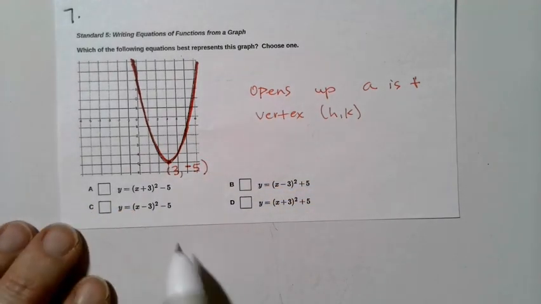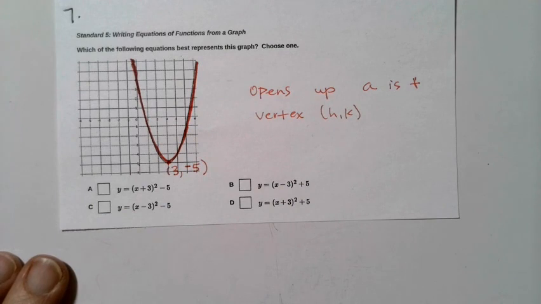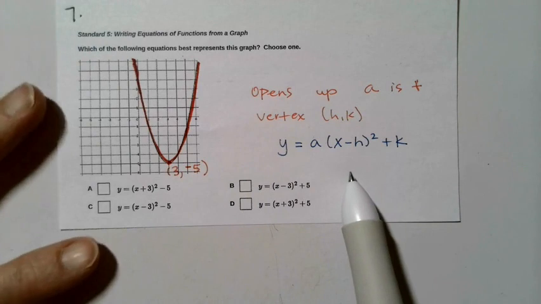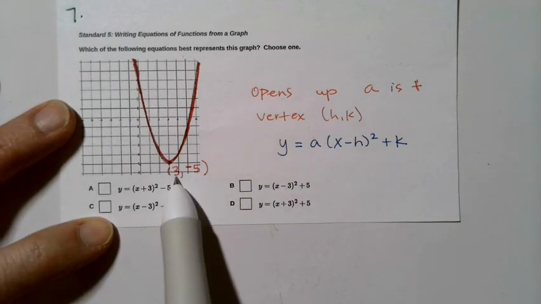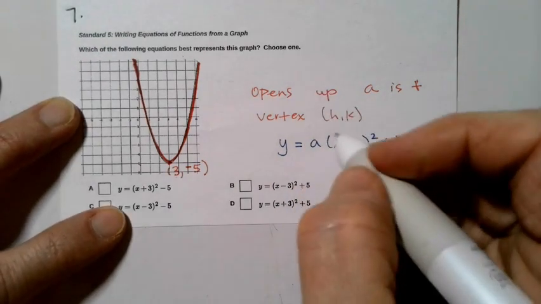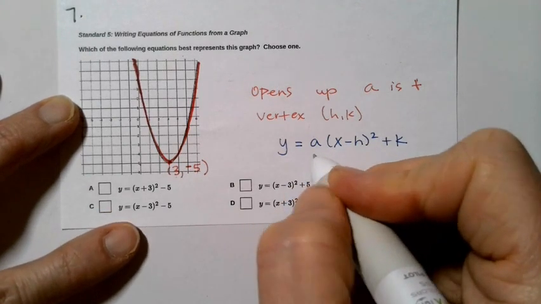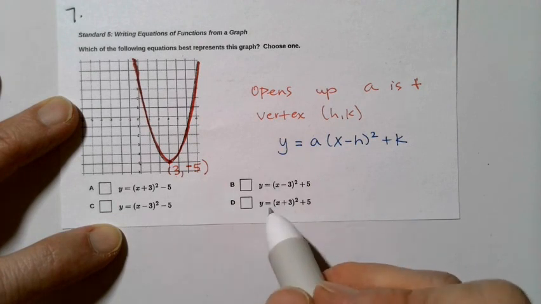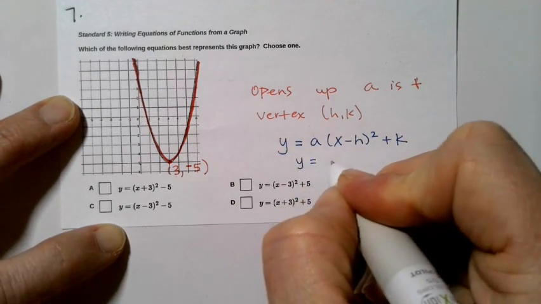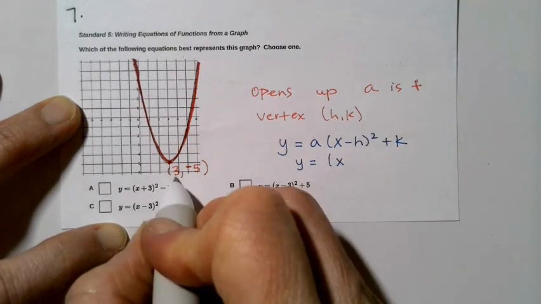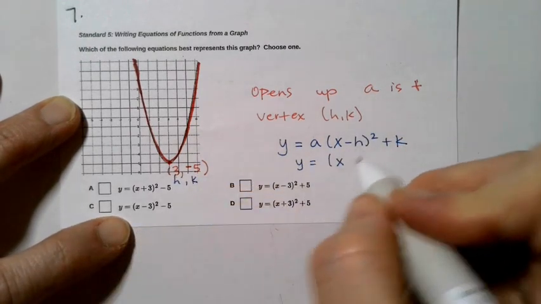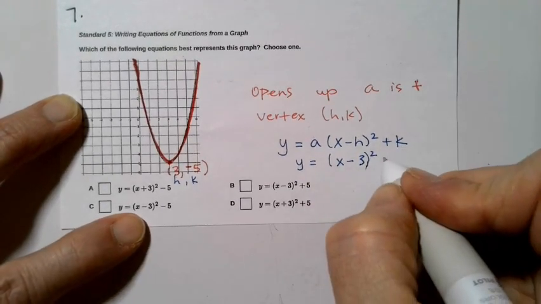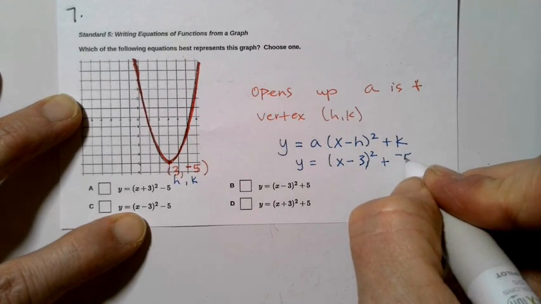Now I can look at which of these equations is going to match up. Remember, this is the general form here, and we know our h is 3 and our k is −5, and we know that our a value is positive. All of our a values here are positive, so that doesn't rule out any of our choices. So we're looking at a(x − h). Here's my (h, k), so it's going to be (x − 3) quantity squared, and then plus −5.